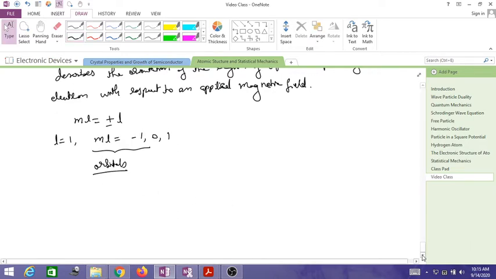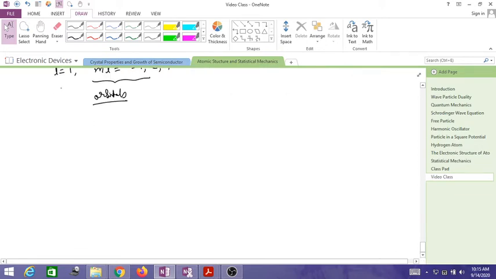Now let's take an example here. Before going to an example, let us understand. Let's take all the values here: N, L, and ML. If I consider N is equal to 1, then the value of L is equal to 0, then ML can be a value of 0 itself.